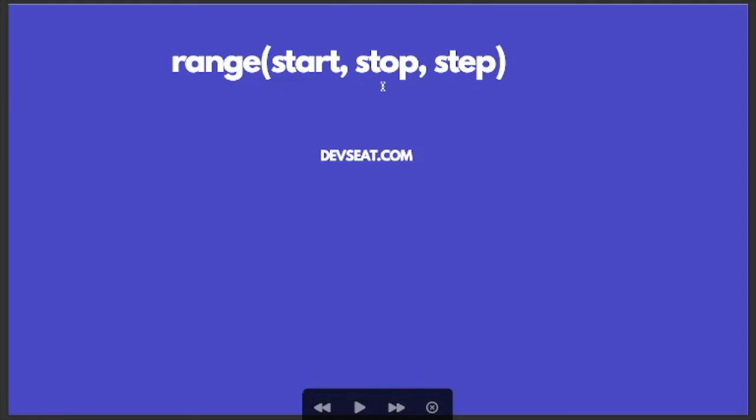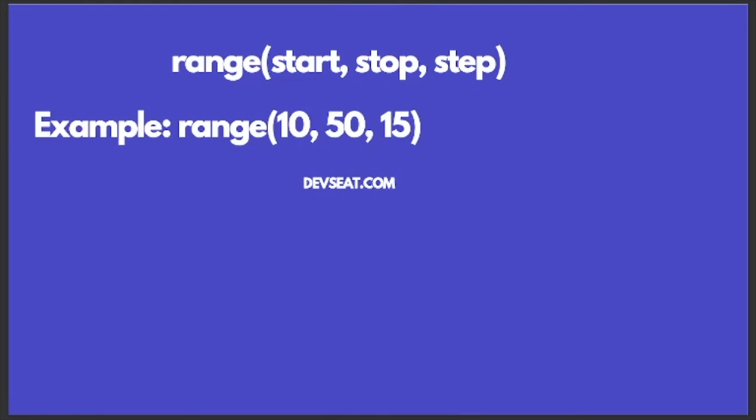Next thing is range start stop step. Take this example. This is the start value, this is the stop value, and this is the step value. So what happens here? First, element 10 gets created on the fly, and then 10 plus step, that is 25, gets created.